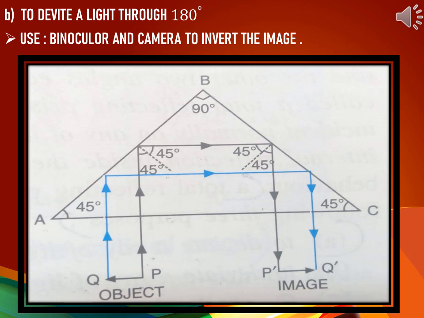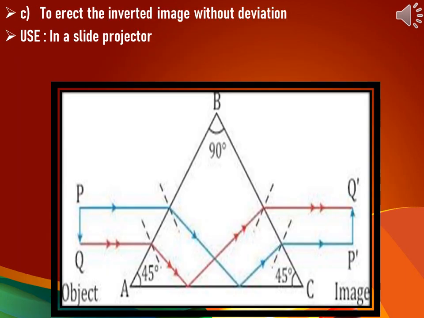The beam thus gets deviated by 90 degree at each reflection and the total deviation due to the two reflections becomes 180 degree. This action of prism is used in binoculars and camera to invert the image without the loss of intensity.